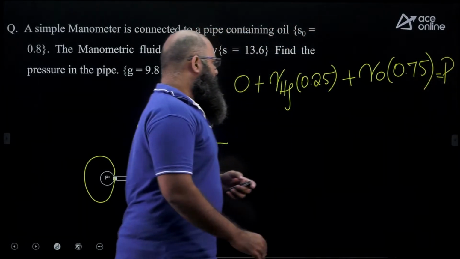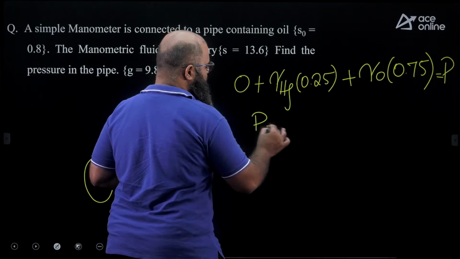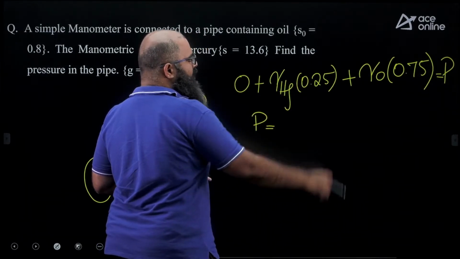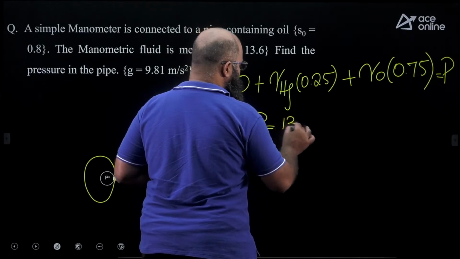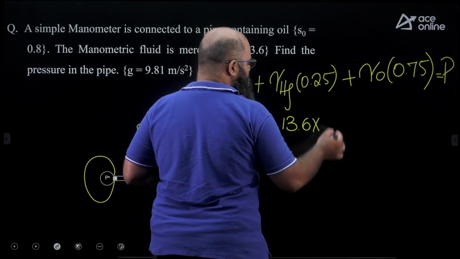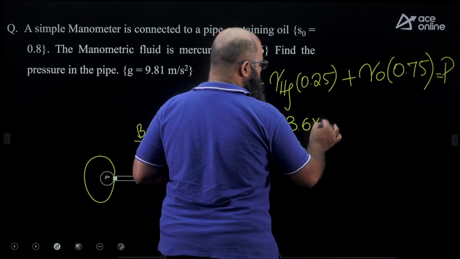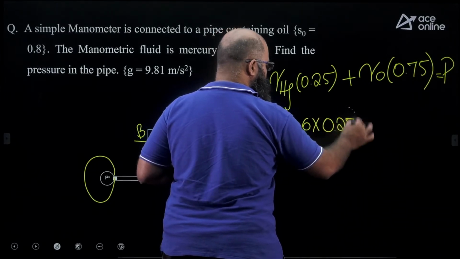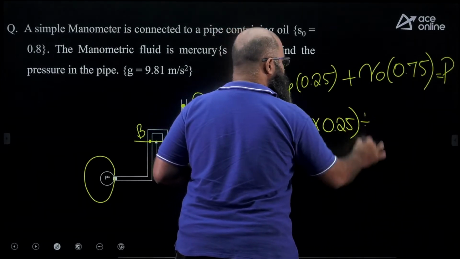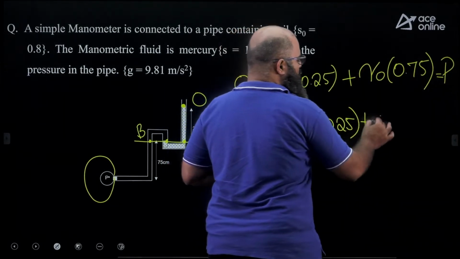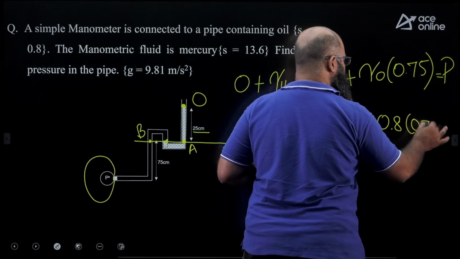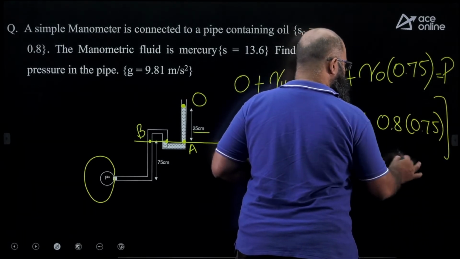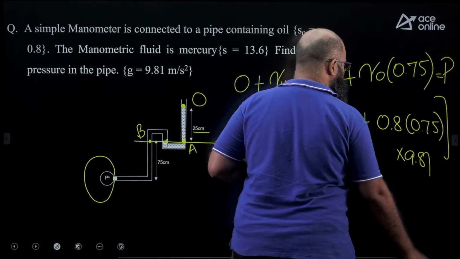Now I can write pressure at point P is equal to gamma of mercury into 0.25, that is equal to 13.6 gamma of water into 0.25 plus 0.8 into gamma of water into 0.75, with gamma of water I'm taking common.